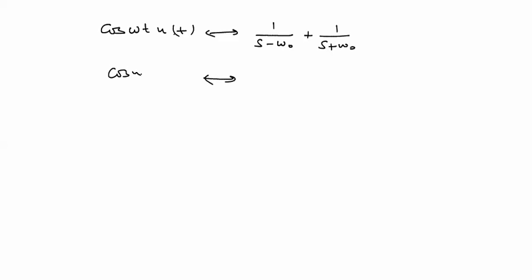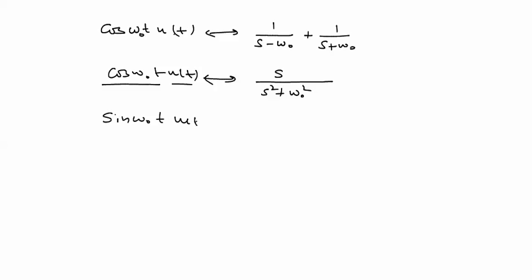We can write the direct expression for cos omega naught t u(t) as s upon s square plus omega naught square. For sine, we can directly write the expression in this way: omega naught upon s square plus omega naught square. ROC for both is defined from u(t).